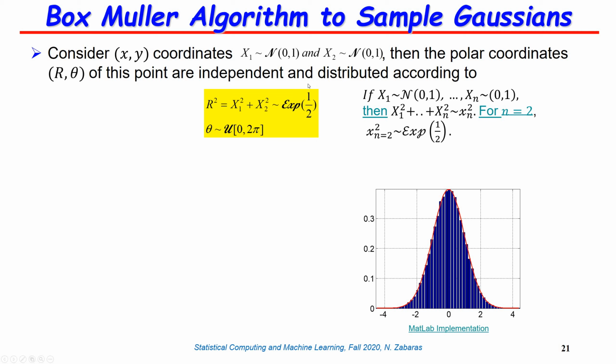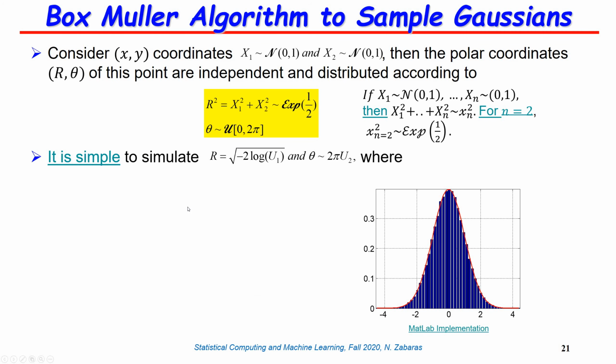In our case, lambda is equal to 1/2. So r squared is going to turn out to be -2 log of u, where u is a sample from the uniform distribution.